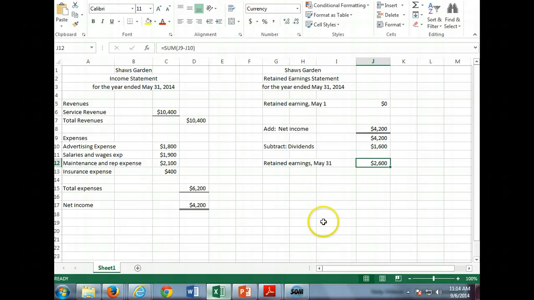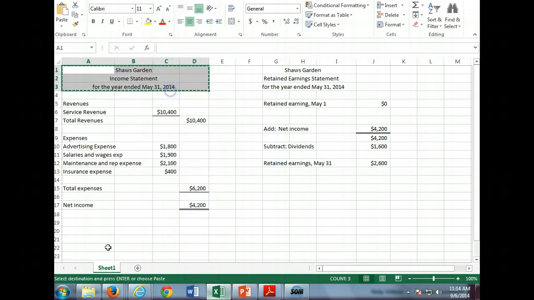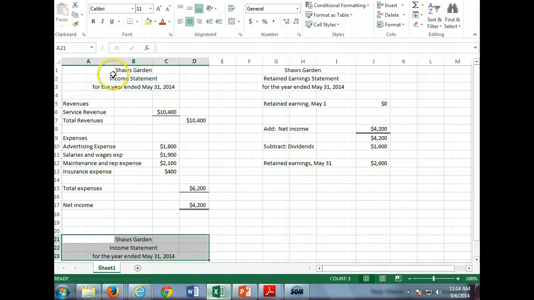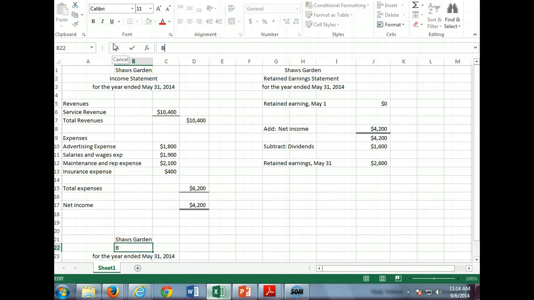So now let's do the balance sheet, okay? You guys ready for the balance sheet? So the balance sheet, I'm gonna put down here. And I gotta change the name here, don't I? Balance sheet. Do I say for the year ended? Is it a period or a month?